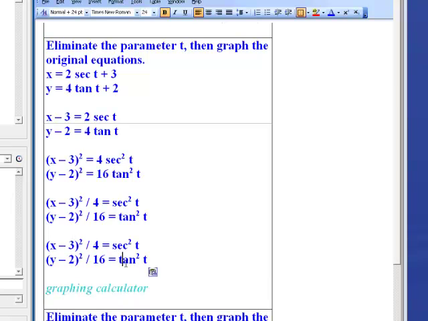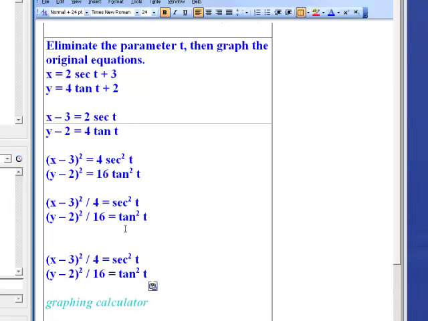Because the Pythagorean does not say secant squared plus tangent squared. What it says instead is secant squared minus tangent squared equals 1. So in this case, we subtract both sides.